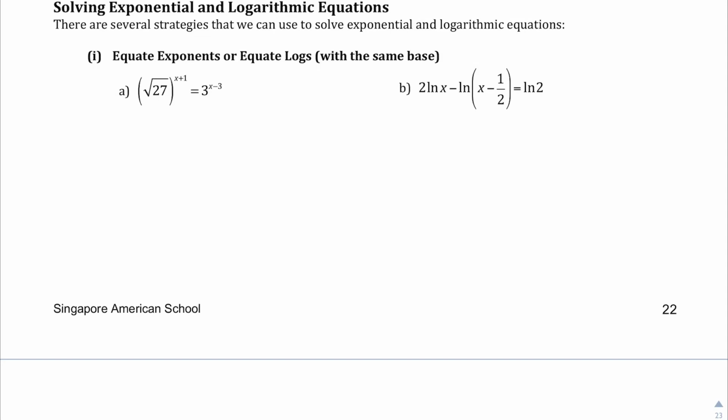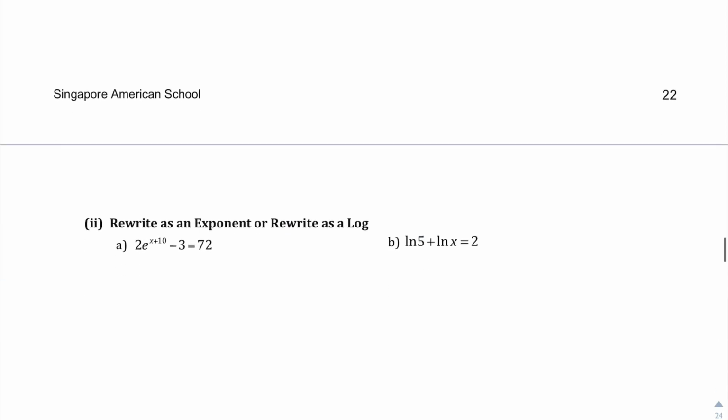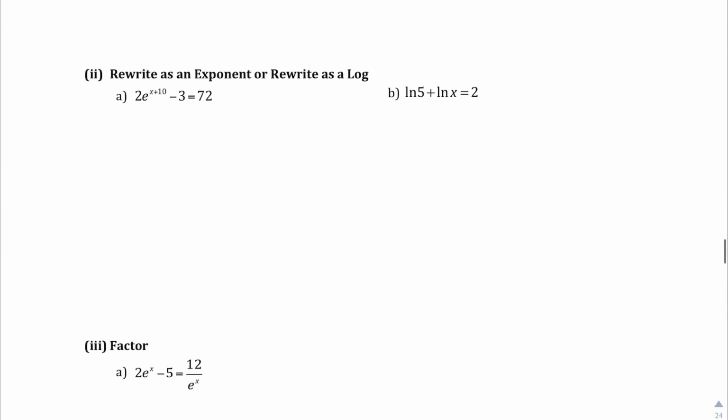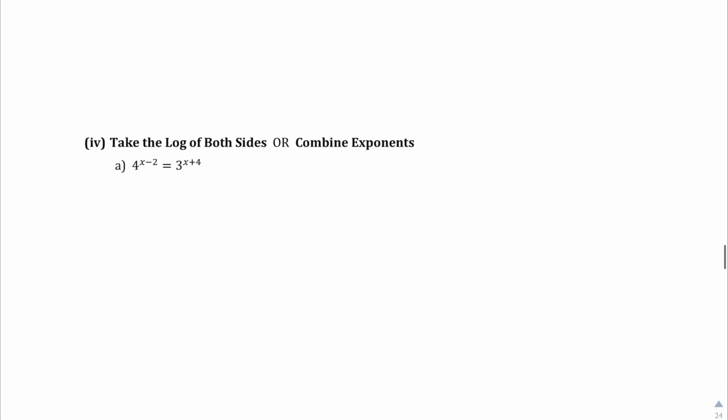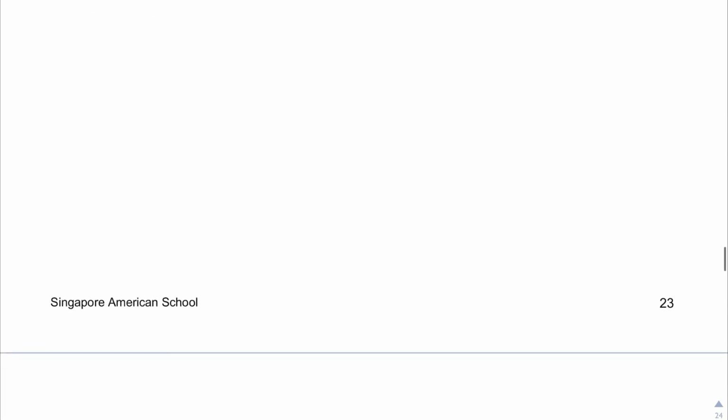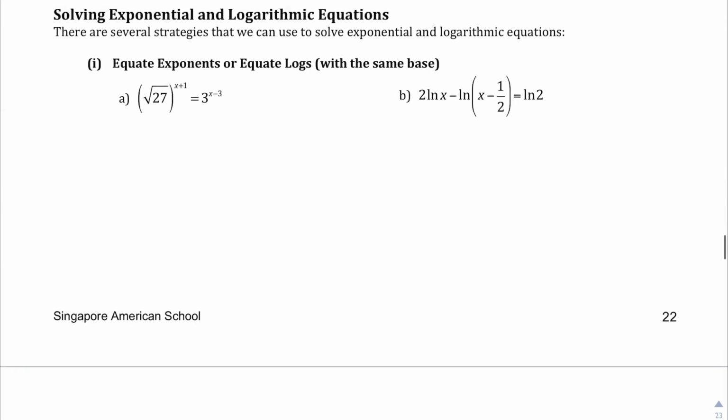So we're going to equate exponents or equate logs. For the second part, we're rewriting as an exponent, for the third part, factoring, and finally, for the fourth part, logs of both sides or combining. Obviously on a quiz or a test, we're not going to tell you how to do it, but you should be familiar with all of the different possible approaches.